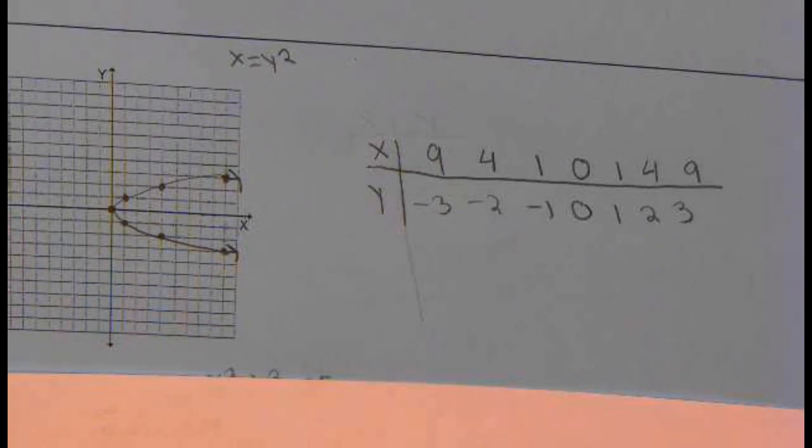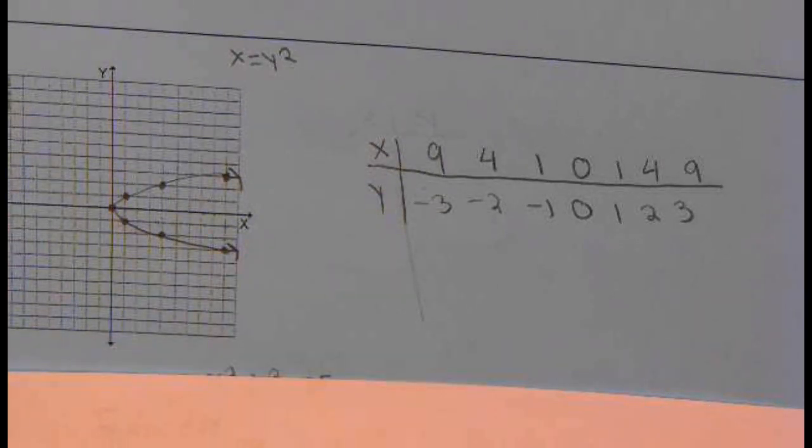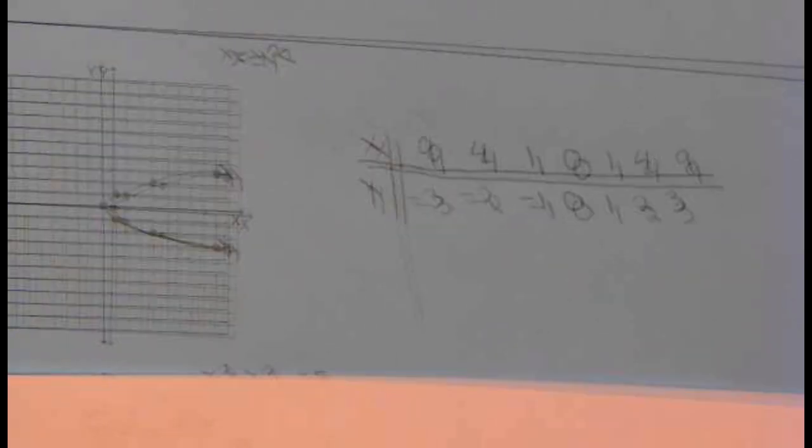So you would include those negative numbers as well. So I totally agree with this particular graph and table. So I'm going to run this packet back to her now. And then momentarily we will talk about x squared plus y squared equals 25.